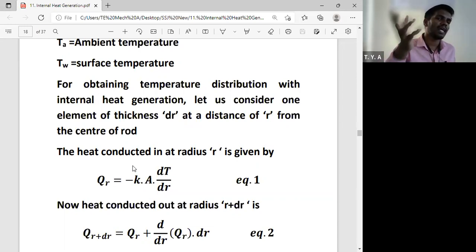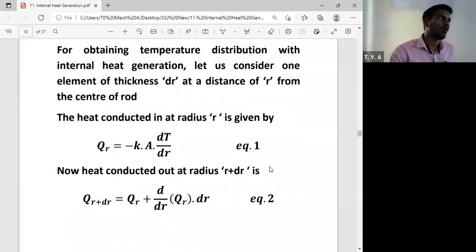Along the radial direction heat transfer takes place, so instead of dT by dx we have to consider dT by dr. Qr is equal to minus K A dT by dr, equation number 1.